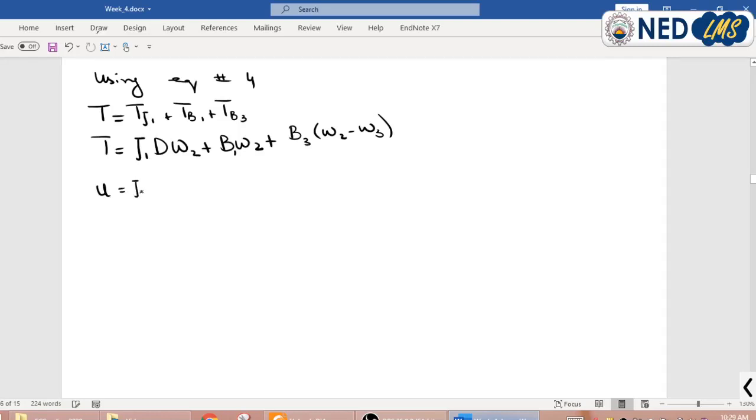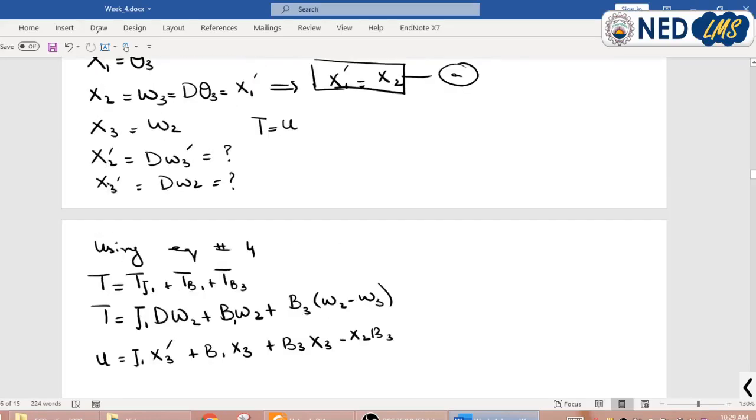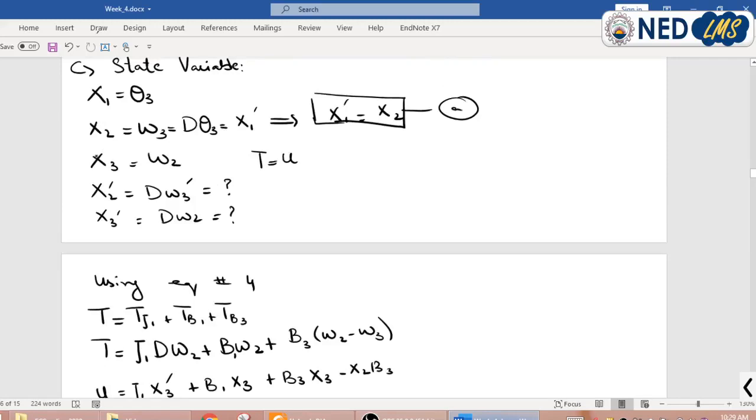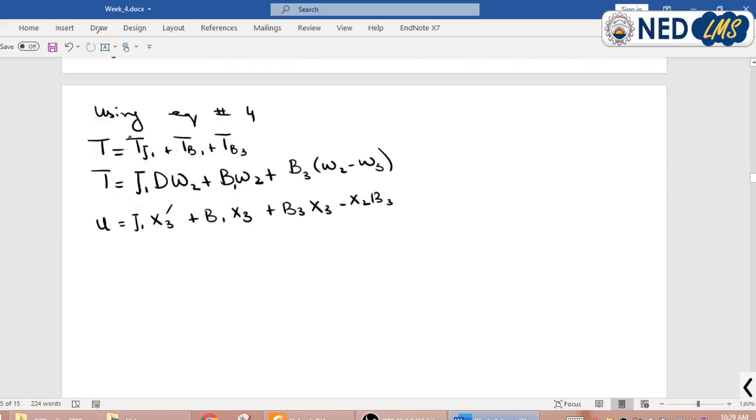This is J1 x3 dash plus b1 omega 2, which is x3, plus b3 omega 2, which is x3, minus omega 3, which is x2, times b3. Look here, x2 is omega 3 and x3 is omega 2.